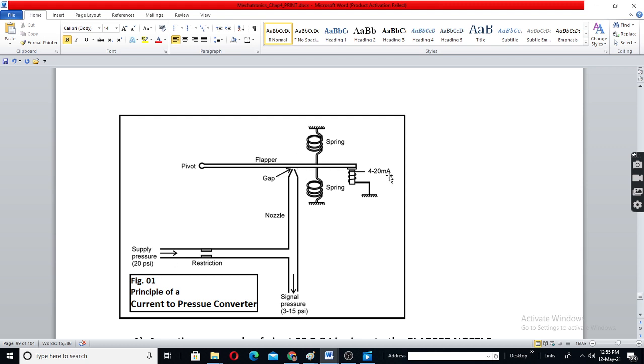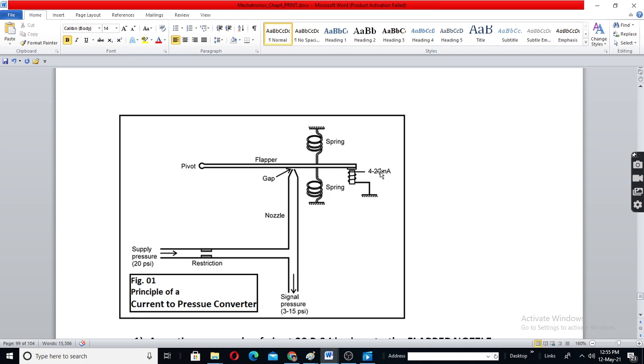If you give more current, more attraction will be there. The flapper will close the nozzle, and the leakage of air will be decreasing. Less leakage, so we will get more pressure here.